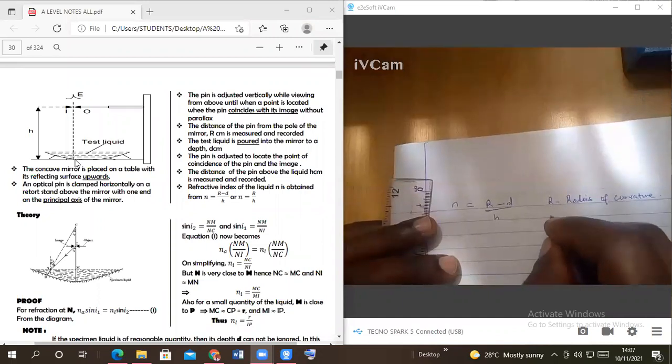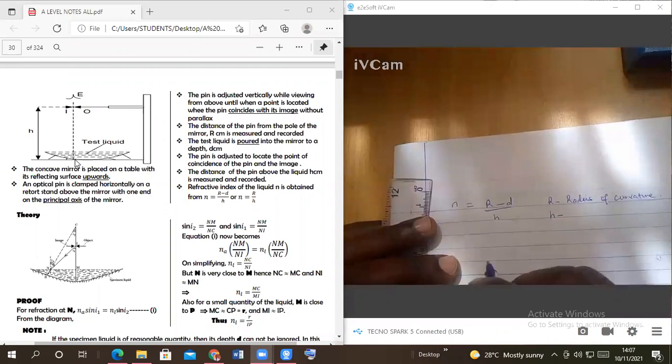Then H, let's go to H. This one is the distance between the pole and the pin when the liquid is filled in the mirror. So H is like the radius of curvature when the liquid is filled.